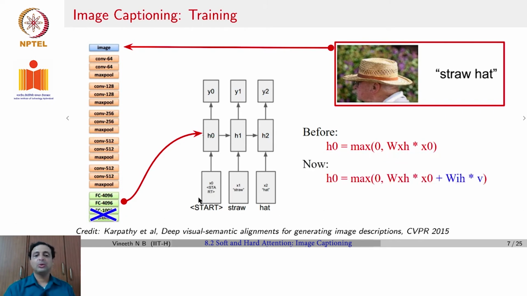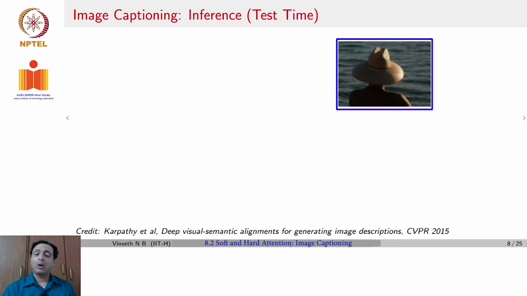But now you're going to have H0 to be max of 0, that comes from a ReLU activation function, a weight matrix WXH into X0 plus a new weight matrix WIH into V, where this V vector comes from the CNN's output. What happens at test time?